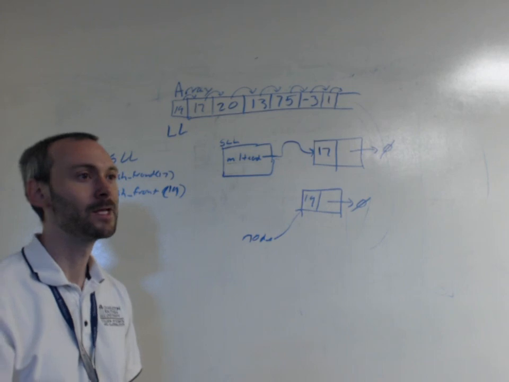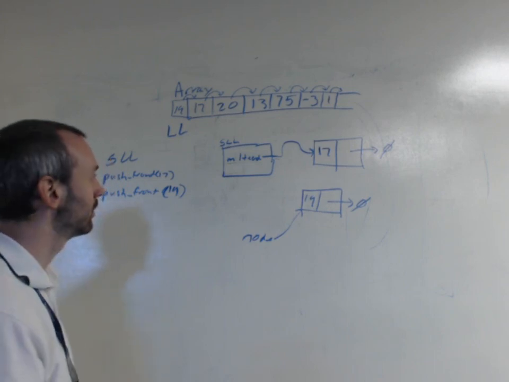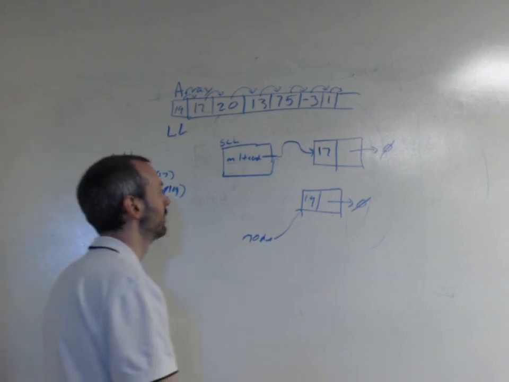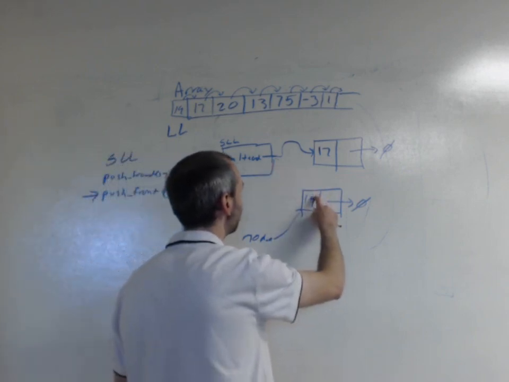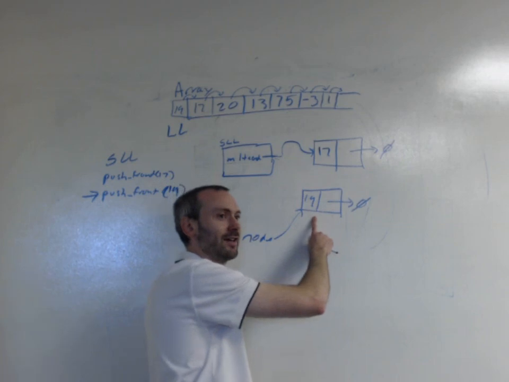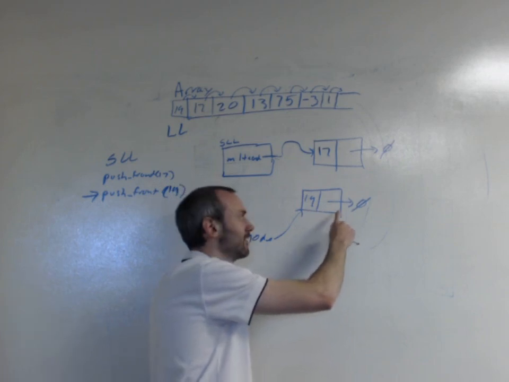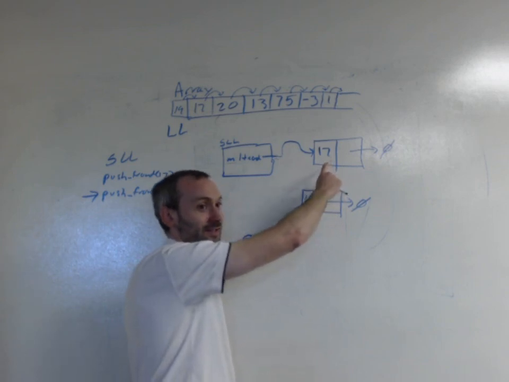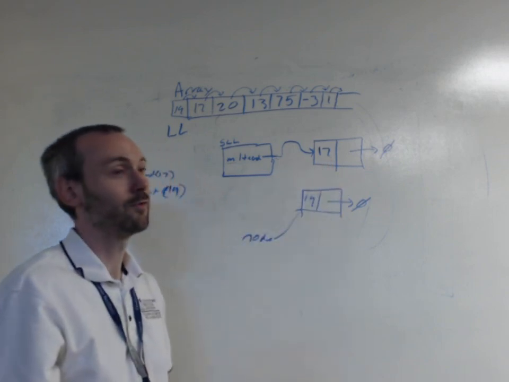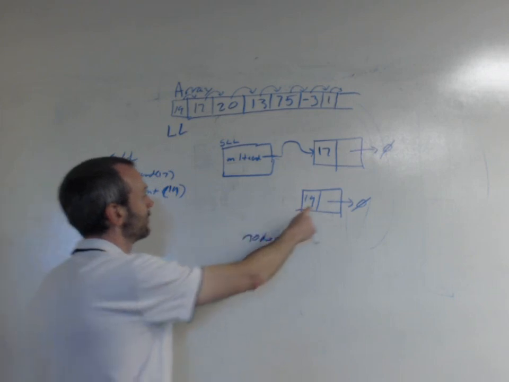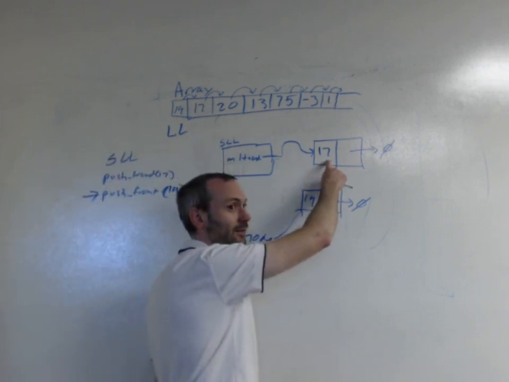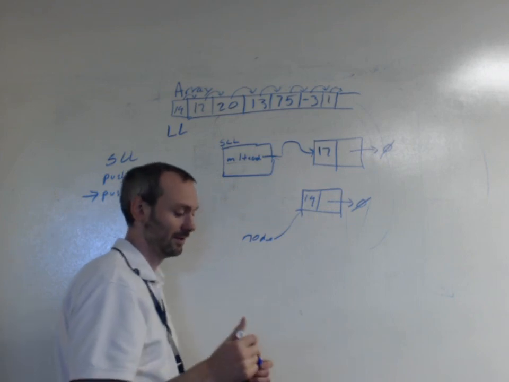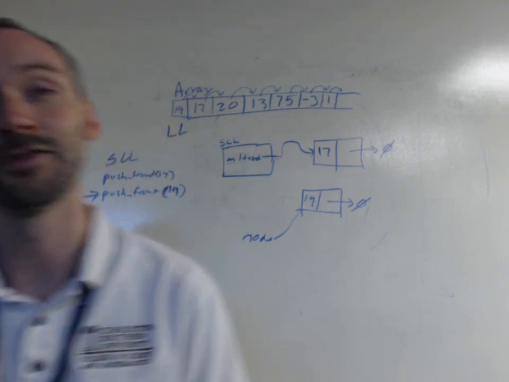Have a temporary pointer point to where 17 is, so you can save that location. Oh, okay. I like where you're going. But pictorially, before we move mhead down here, do we need to do anything with this guy? We need to change the null to point to the other one, the 17. Well, we're pushing to the front, so is he always going to go to the tail? No, he's always going to go to what mhead is pointing to.